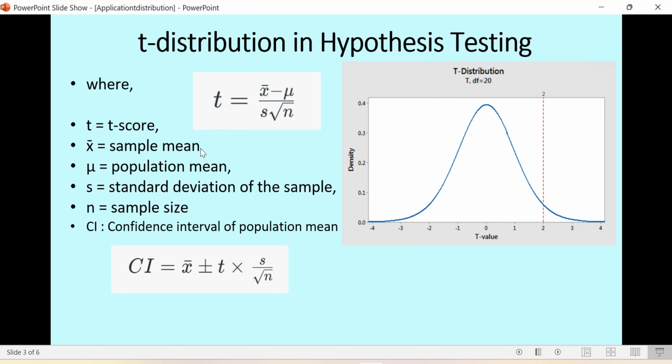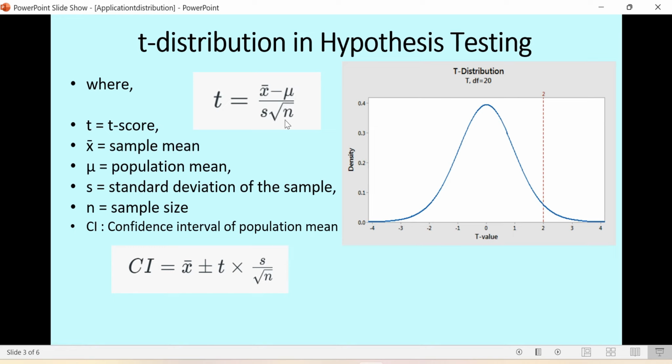So if we want to test the population mean and we get a sample mean, for example with sample size 20 and mean x bar, then we test whether the population mu equals, for example, 40. We take the sample mean minus the population value we want to test, then divide by s over the square root of n.